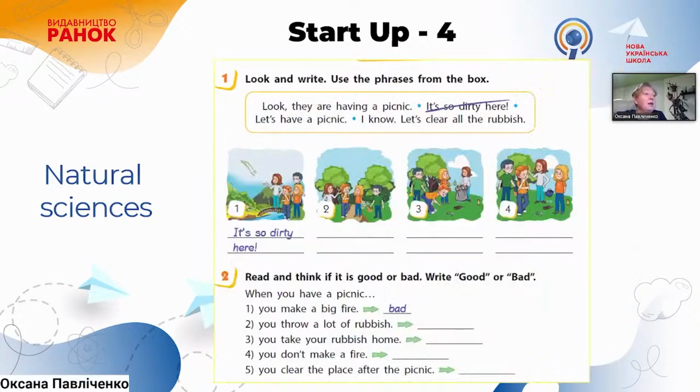This is an example from the workbook, and here you can see exercises for storytelling, also to make your pupils more confident in speaking about the environment and to develop their skills to take care of nature.